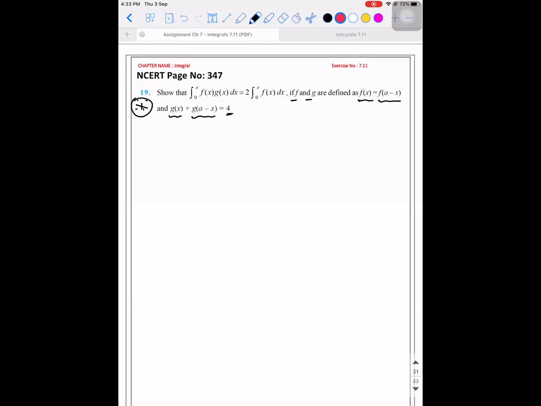What we can do is consider the LHS. When you consider the LHS, you get integral of 0 to a f of x into g of x dx, and take it as I. Then what property can you apply for this? You can apply a minus x. Yes, you can do that. So integral of 0 to a f of a minus x into g of a minus x dx. Accepted.